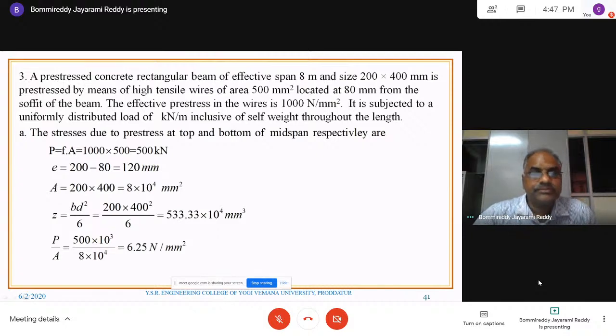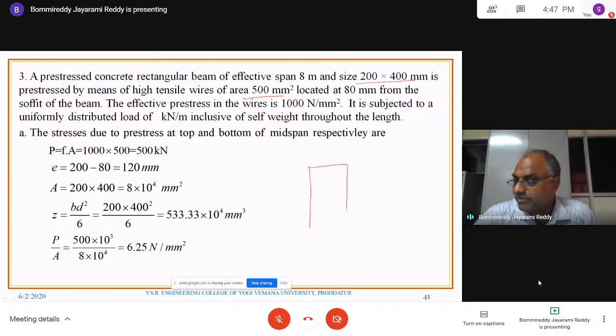Next question. A pre-stressed concrete rectangular beam of effective span 8 meters and 200 by 400 mm is pre-stressed by means of high tensile wires of area 500 mm square, located at 80 mm from the soffit of the beam.